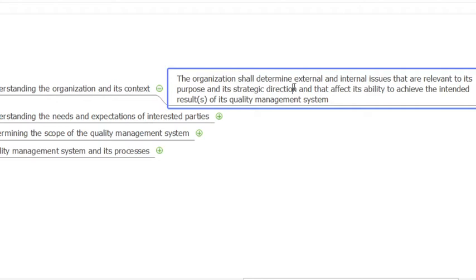Internal issues, we can say, are the culture, knowledge, and performance of the organization. External issues we can mention like the legal, technological, competitive, market, cultural, social, economic, and environmental factors; all these will be covered in external issues.